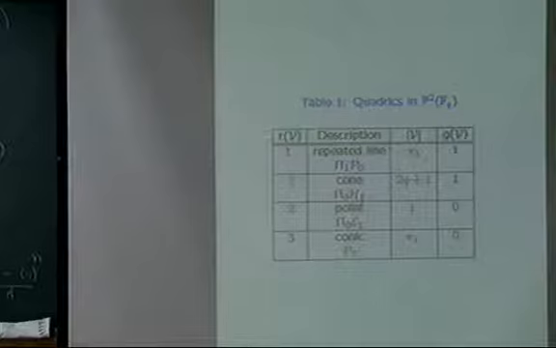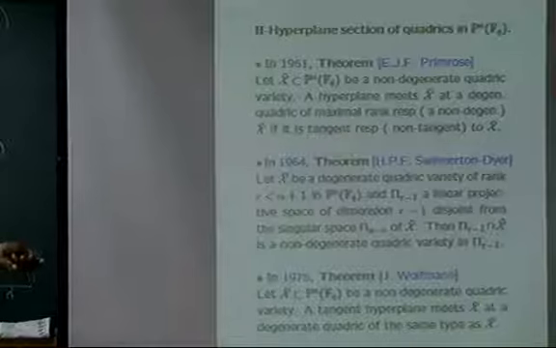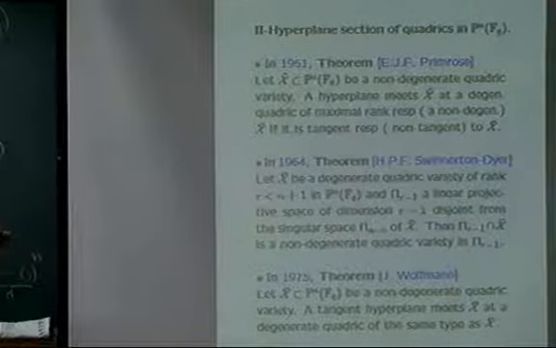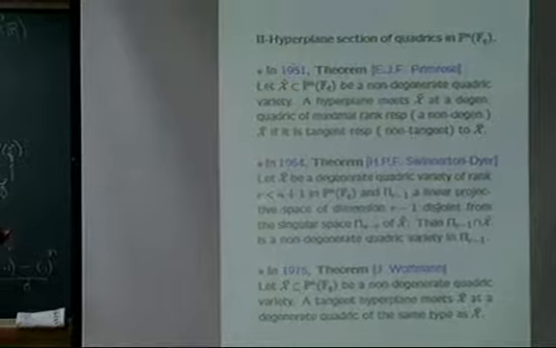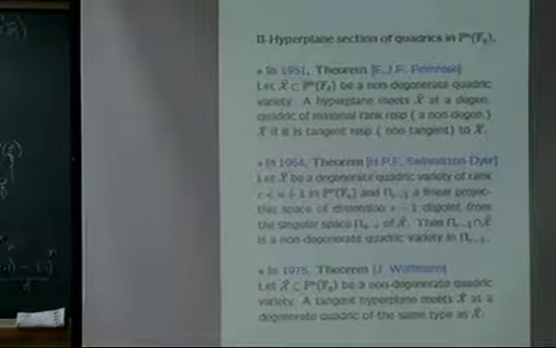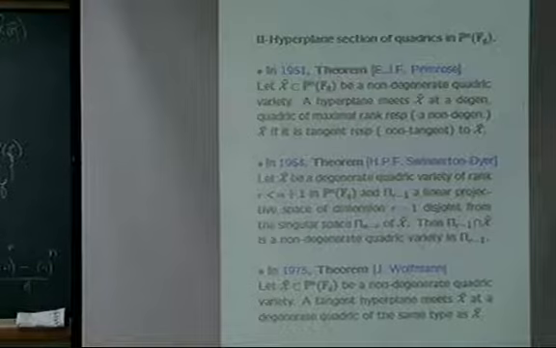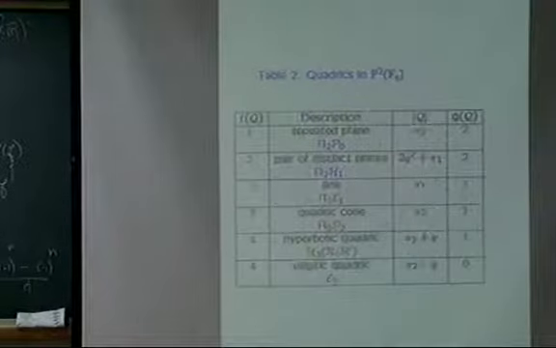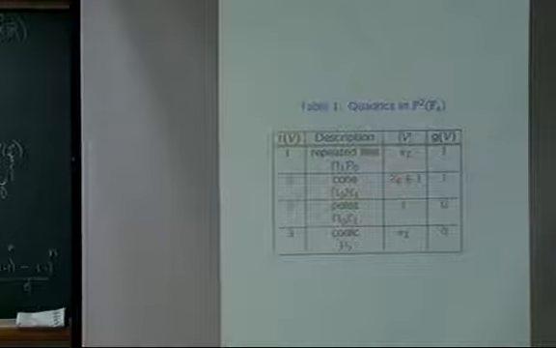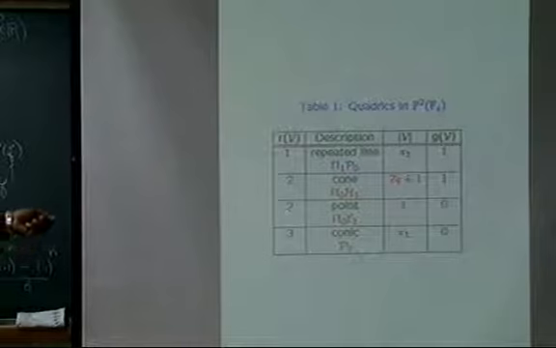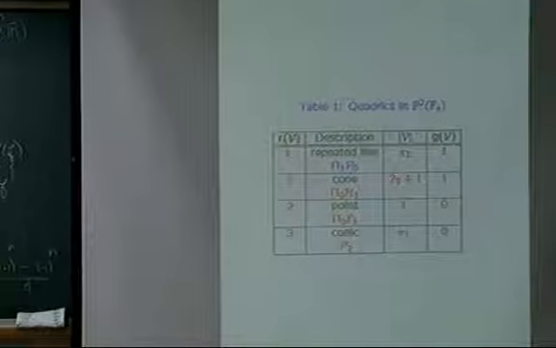We can obtain this or this. But from the result of Jacques Wolfman, the quadric you obtain has the same type as the non-degenerate quadric. So since the non-degenerate quadric is elliptic, we obtain only this. We cannot obtain this. So this is what you should know on the sections of quadrics.